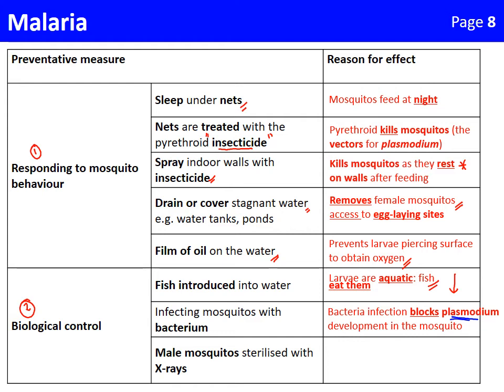organism itself. Now what we could also do is to sterilize the male mosquitoes with X-rays, and this means the males don't make any fertile sperm cells. You can also now genetically modify male mosquitoes to make them infertile. So we then release these into the wild, and they will mate with adult females.